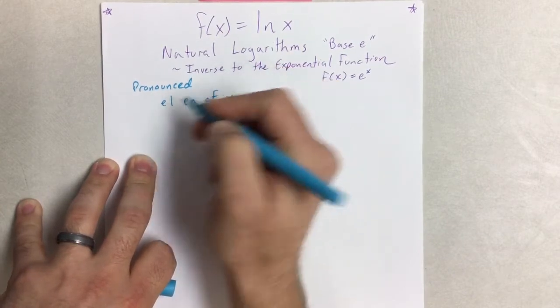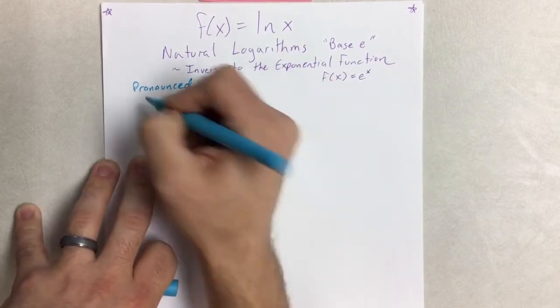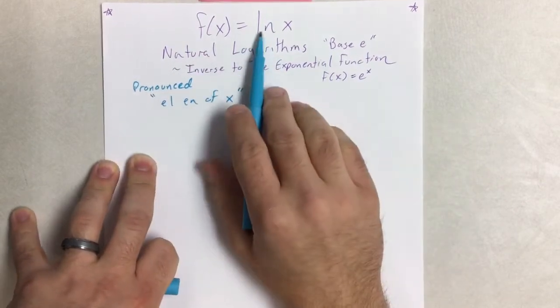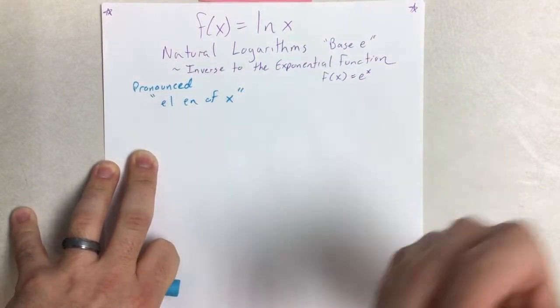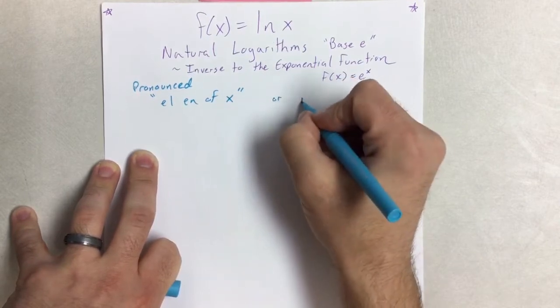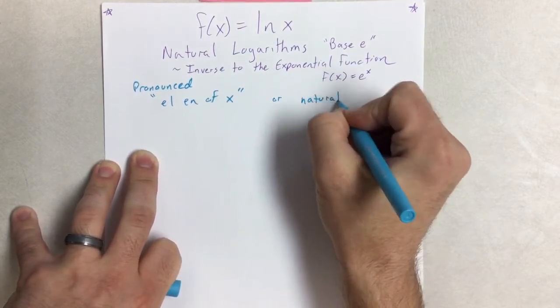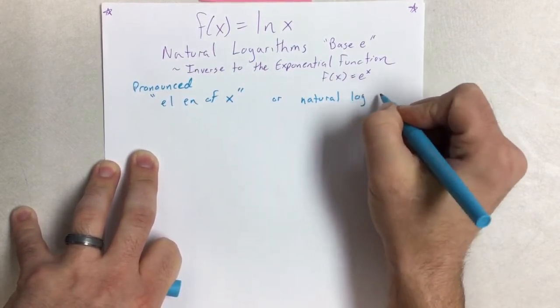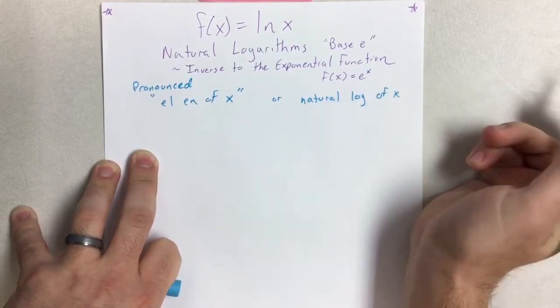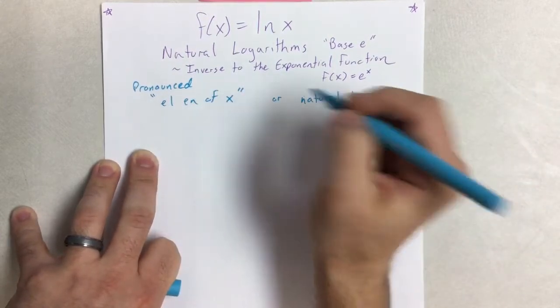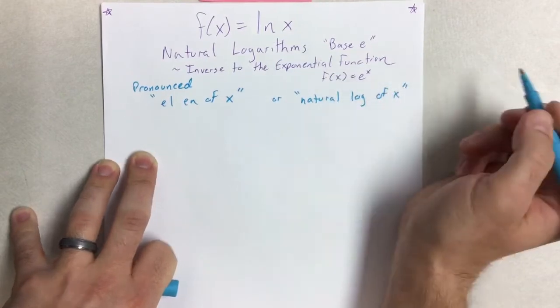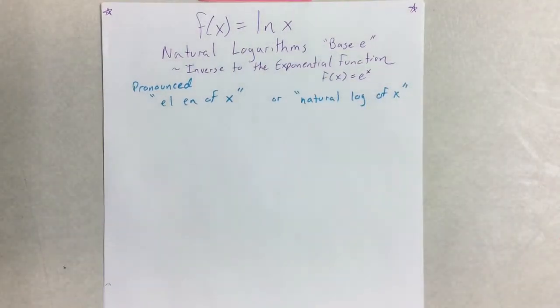It looks like you're reading it out of a dictionary, but you're pronouncing this Ln of x. Or you often hear me say simply natural log of x. Both are acceptable ways of pronouncing this, Ln of x or natural log of x.